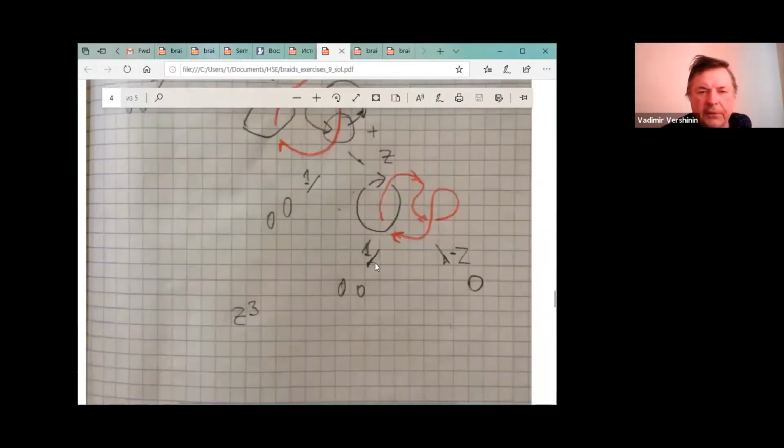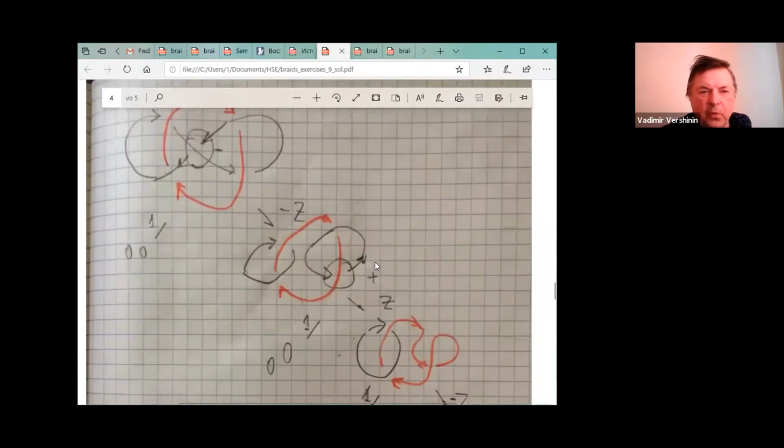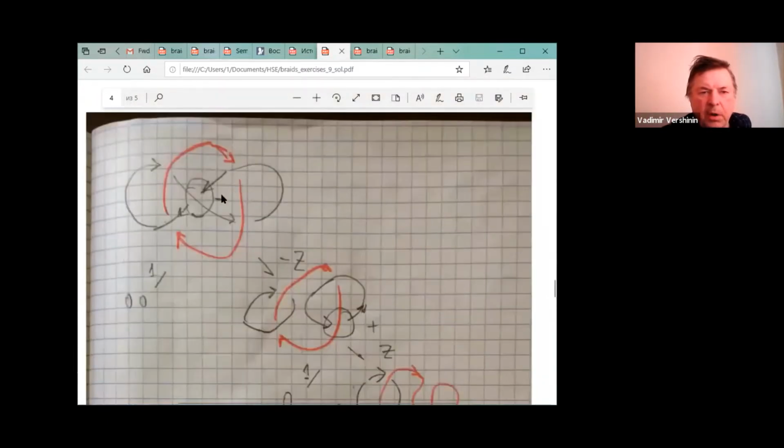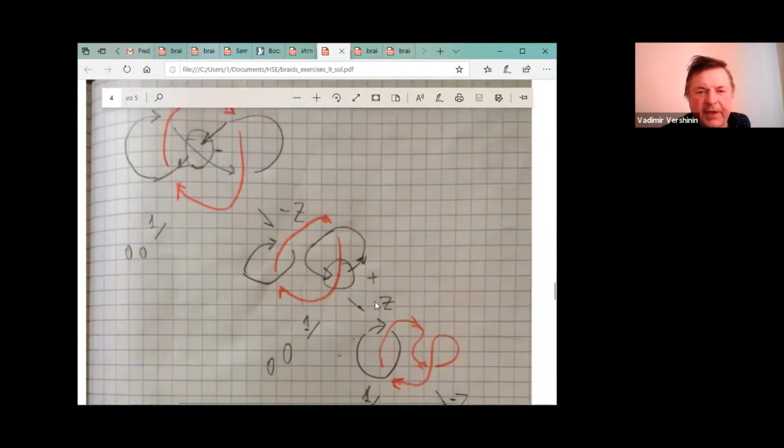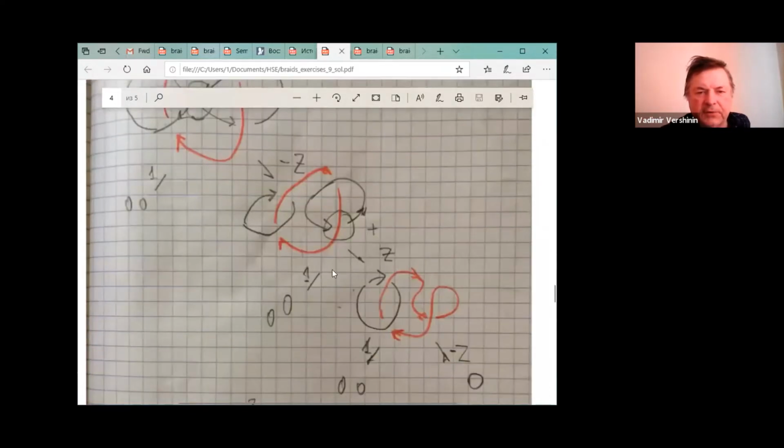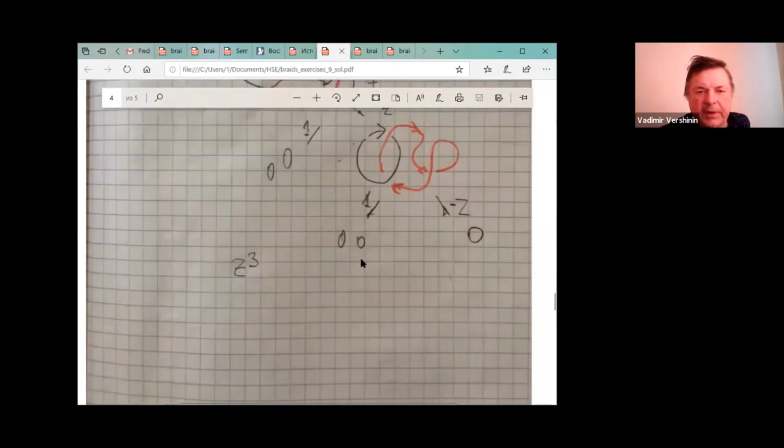We get this. And so what we get here: 1 gives 0 minus z plus z. This gives again 0. This gives again 0 minus z. So finally, we get z cubed.